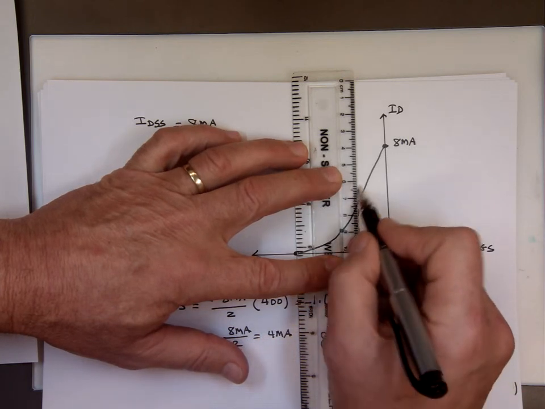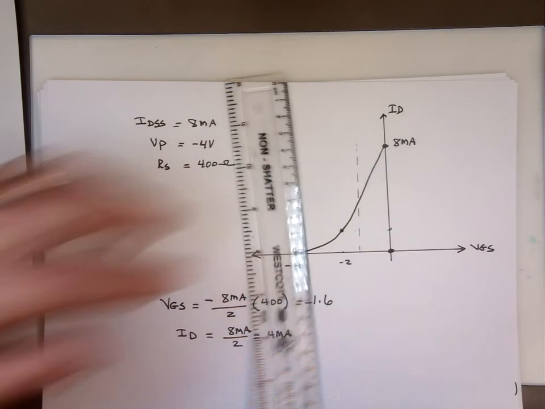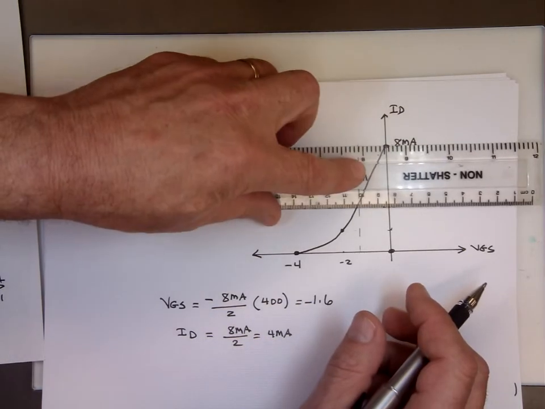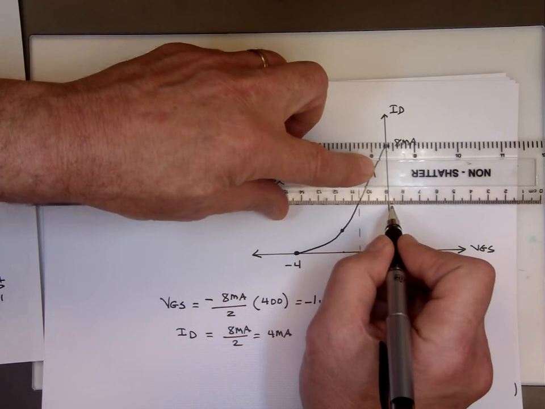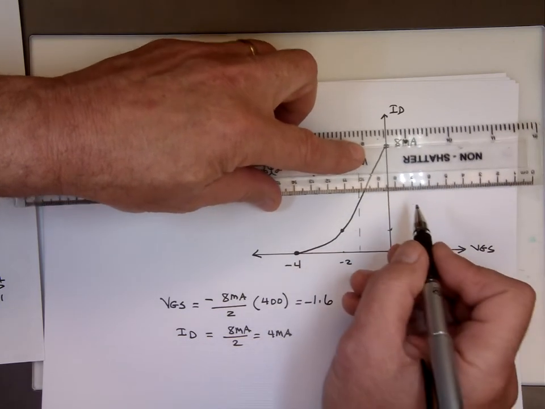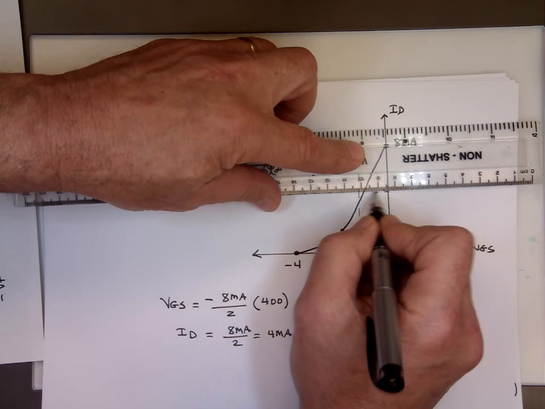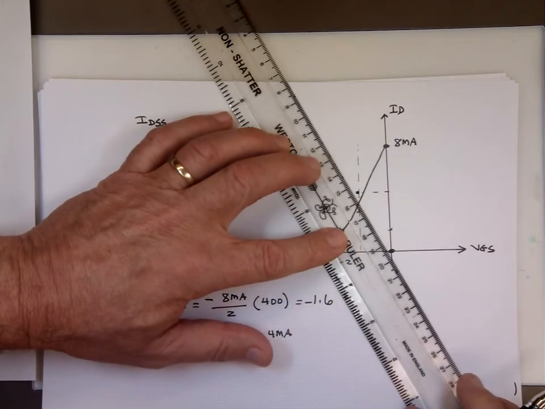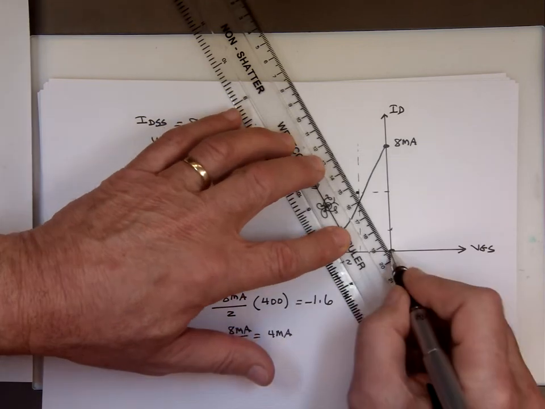And the current is going to be 4. 4 is probably somewhere here, halfway between. Let's say it's right there. I'm not sure exactly where the 4 is. So my line now is going to go straight like this. And here's my Q point.